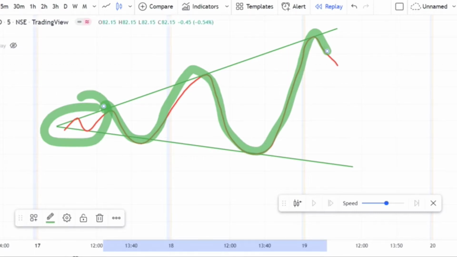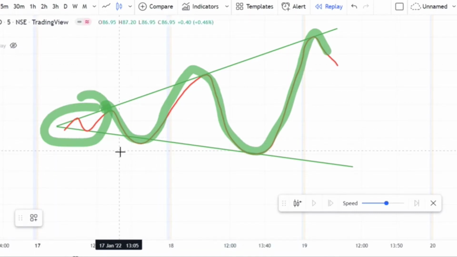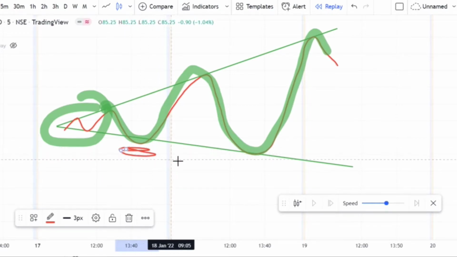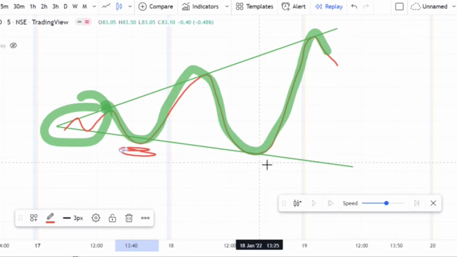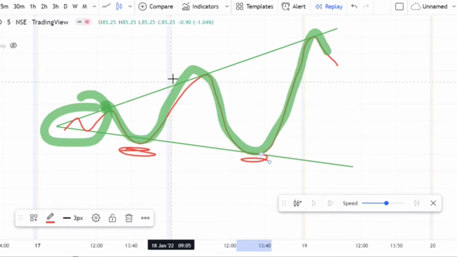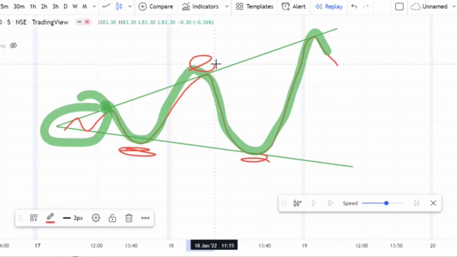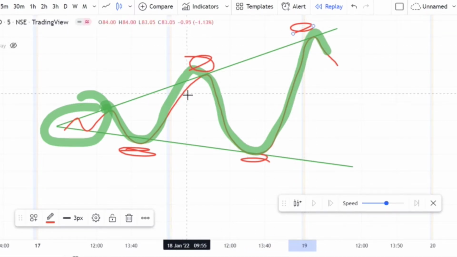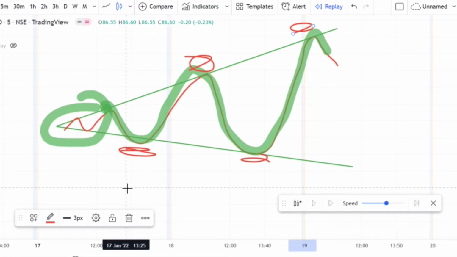Whenever the price is at its support level, you can initiate a buying trade, whether it could be here, or you could enter a selling trade also on its resistance line, right? Now let me show you some of the patterns which are on my watch list, which follow these triangle and expansion channel patterns, right?